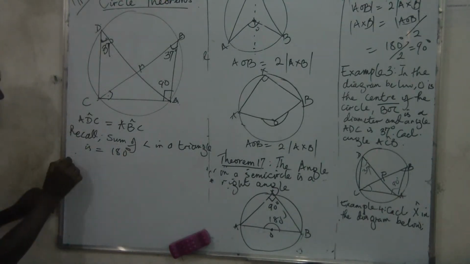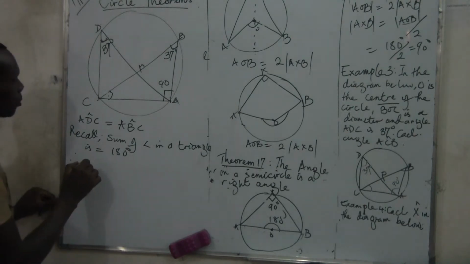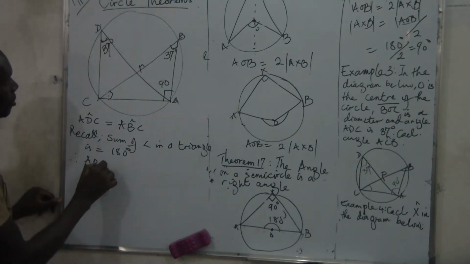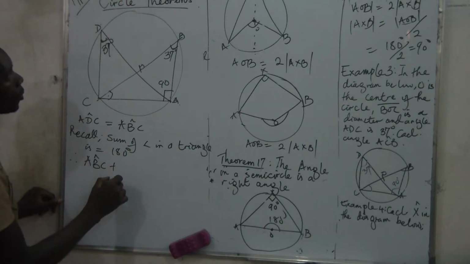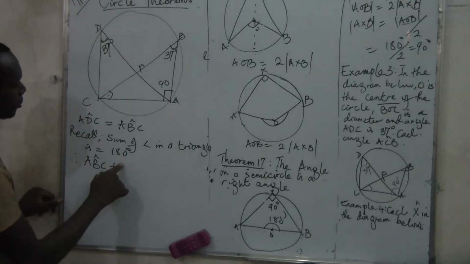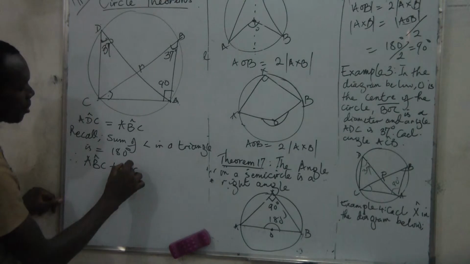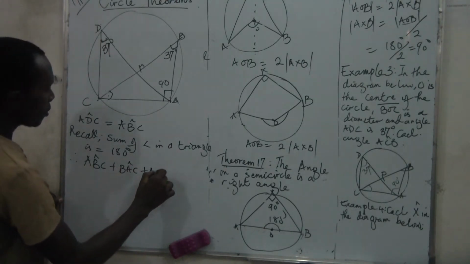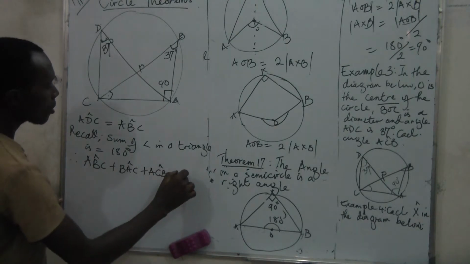Therefore, angle ABC plus angle BAC plus angle ACB is equal to 180 degrees.